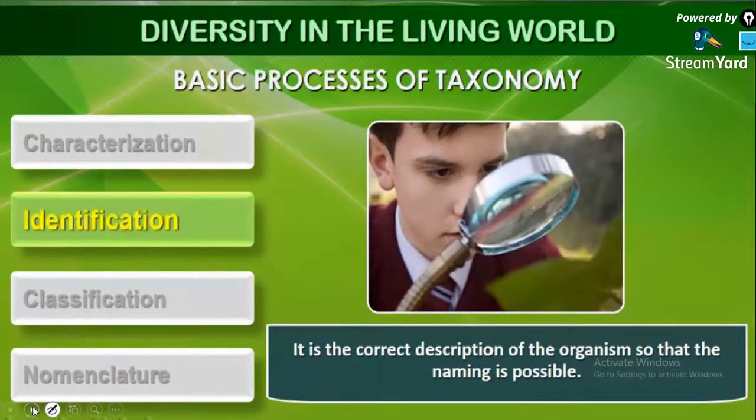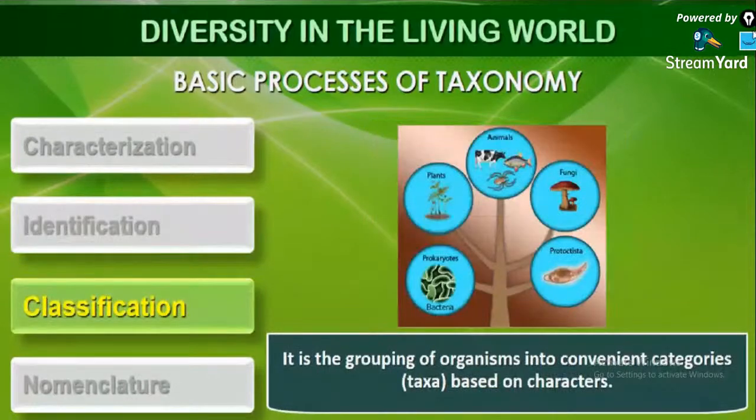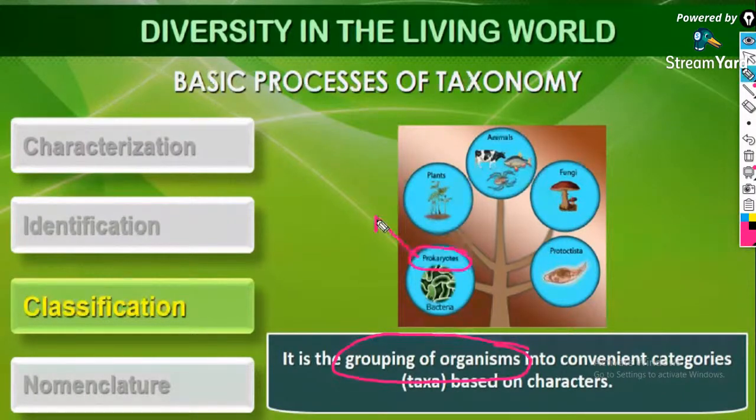Next, the third step is classification. What do you mean by classification? It is the grouping of organisms. What are prokaryotic species? Prokaryote means those organisms that do not have a well-defined nucleus. They have only an incipient nucleus, or you call it a nucleoid. I think the teacher has taught this in the class.